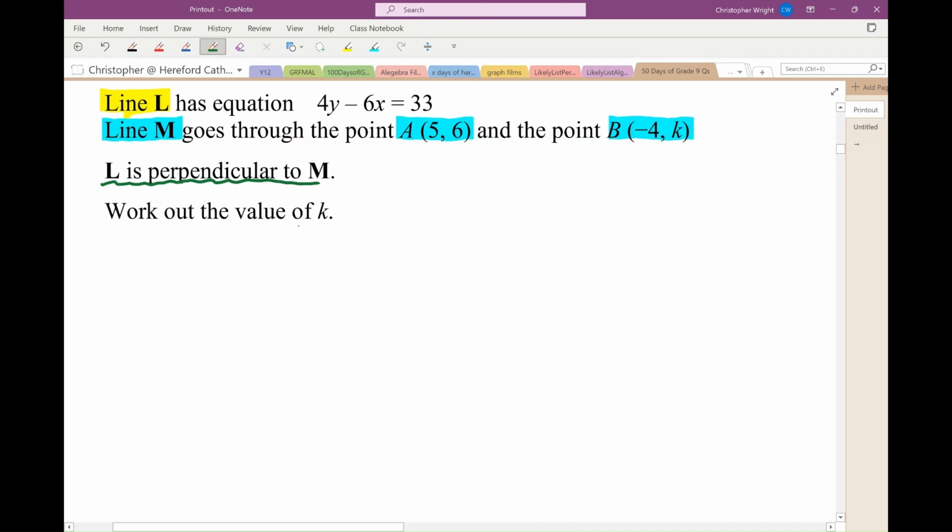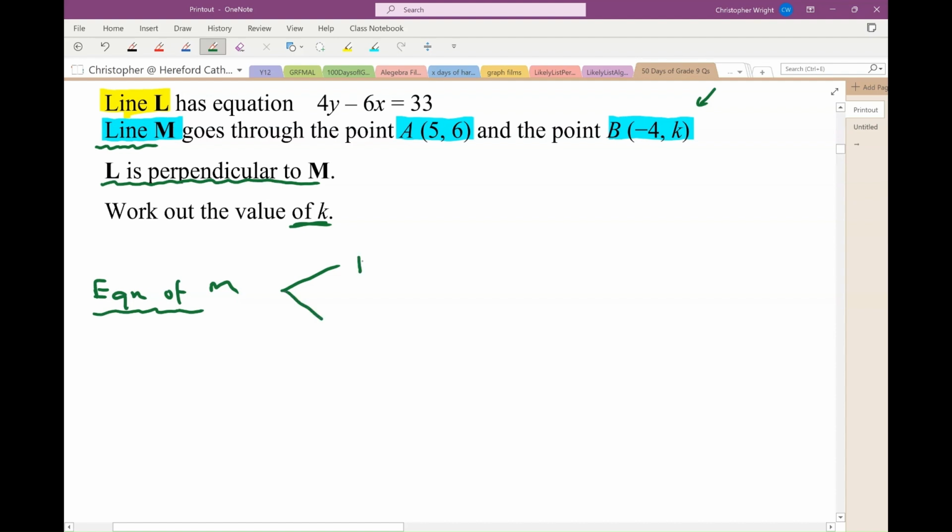Work out the value of K. So I've got to work out the value of K. It would be useful, wouldn't it, to work out the value of K if I knew the equation of line M. If I could find the equation of M, then I can easily find the value of K because it's the y coordinate when x is minus 4. So I really need to find out the equation of M. Now, to find out the equation of a line, I need to know two things.